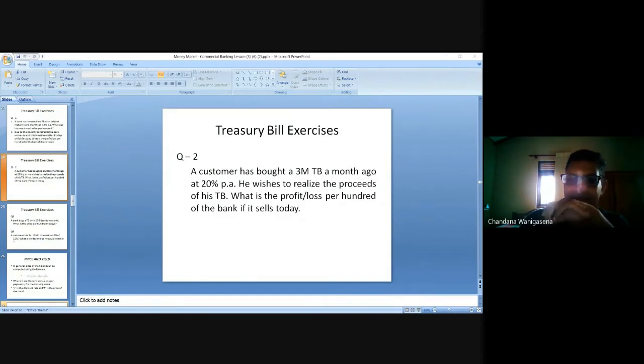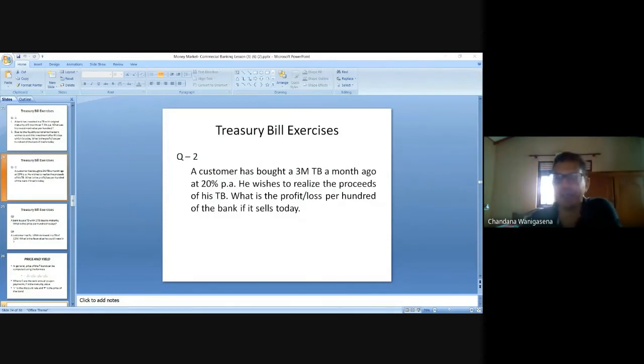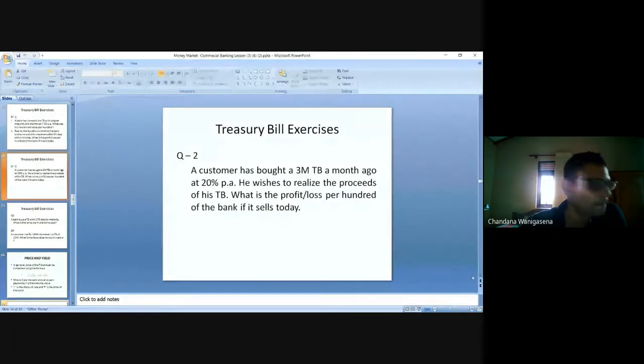So let's start. In the meanwhile, I hope at least one put the answers in the chat. Right. So let's start. Same thing. You put now 20%. So original price is 20%, right? Yield is 20%.